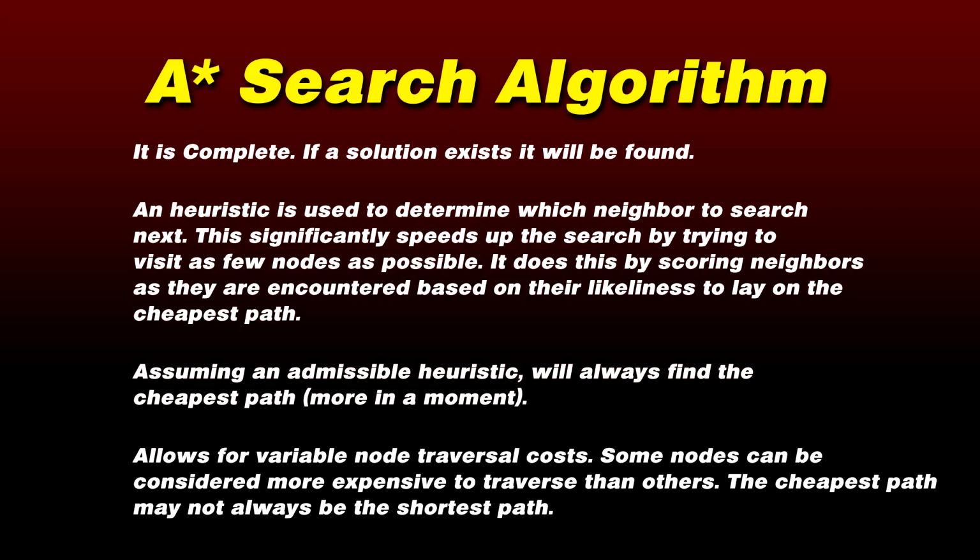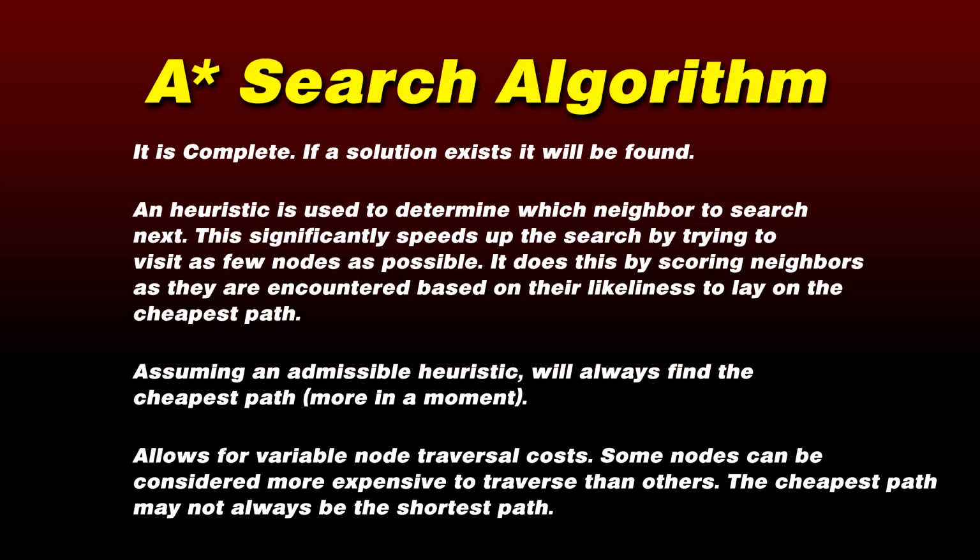Firstly, it's what's known as being complete. This means that if a solution exists, this search algorithm will find it. Also, a heuristic is used to score neighboring nodes as potential candidates for the next iteration of the search, and this significantly speeds up the search process.